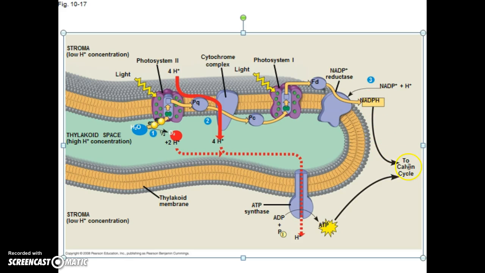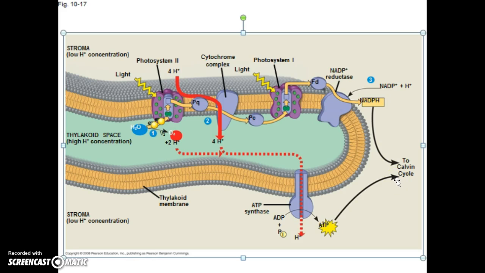That's going out to the Calvin cycle. The input of the hydrogen ions drives the process of ADP transitioning into ATP by means of ATP synthase. Once again, this is outside in the stroma as well, and they're both going to the Calvin cycle.